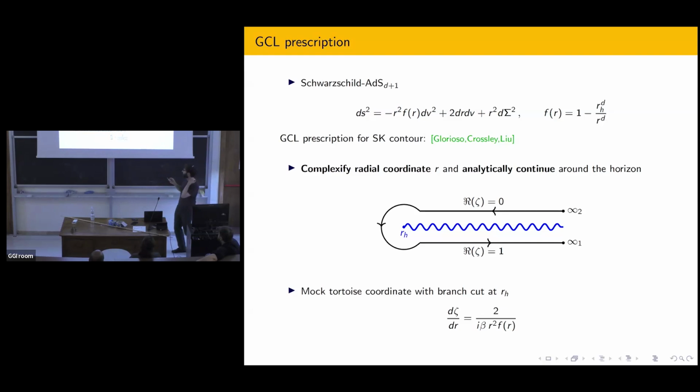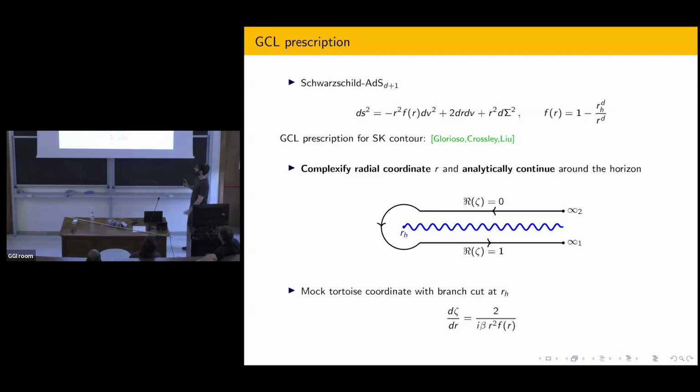Okay, so instead of using r, we can use this zeta coordinate. This zeta coordinate has a real value which is 0 on the upper leg, 1 on the lower leg, and the imaginary part goes from infinity to 0 on the boundary.